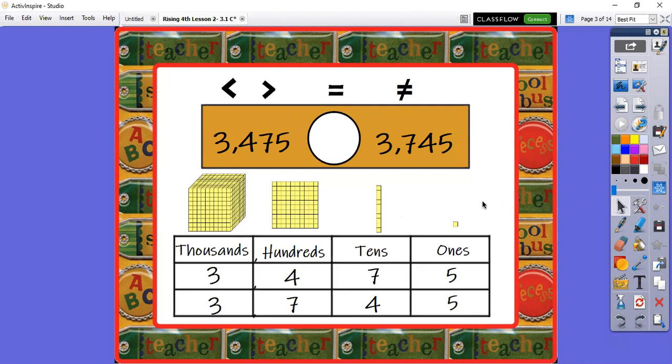If you are going to write a place value chart, you could simply put TH for thousands, H for hundreds, T for tens, and O for ones. And then write the number under each place. Okay, so I have the first number written first, and I have the second number written second. So I can go place by place.